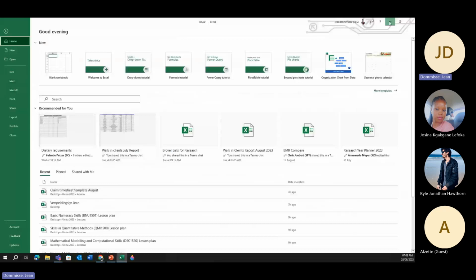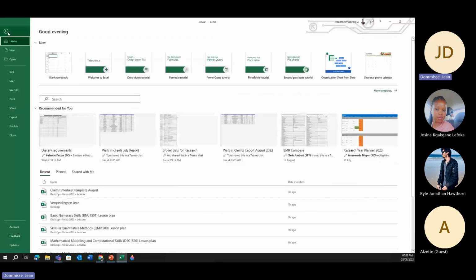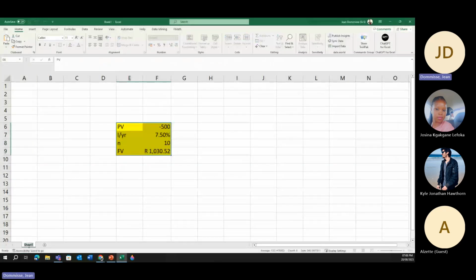I'll save it afterwards, but I'll share that tonight with you as well, so that you can see how to use Excel. And now it is there for you, so you can just change those numbers as you feel for whichever example you need to do.